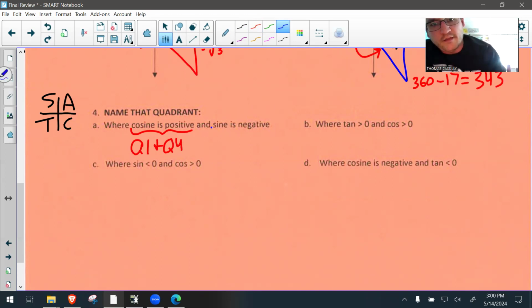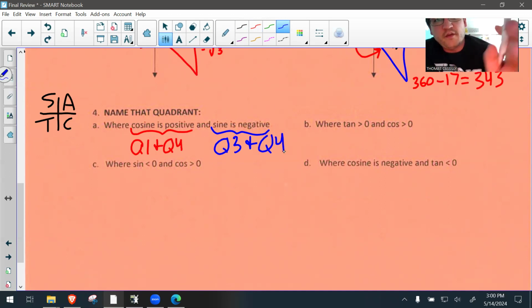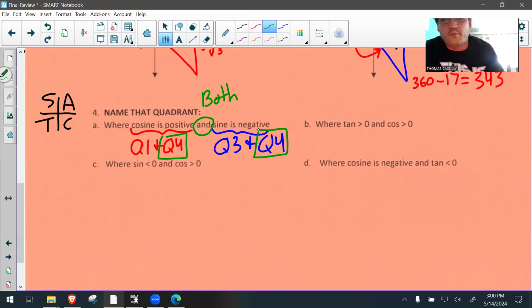We know sine is negative in quadrant 3 and quadrant 4. All right, and they want to know where both of these are true, right? So we want both of these. So just look for the one that matches, quadrant 4. And so they're both, cosine is positive and sine is negative in quadrant 4.